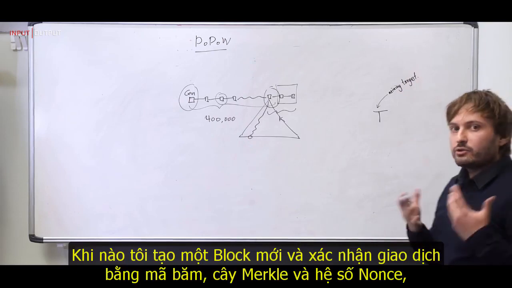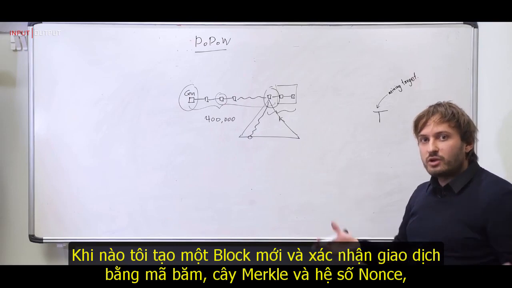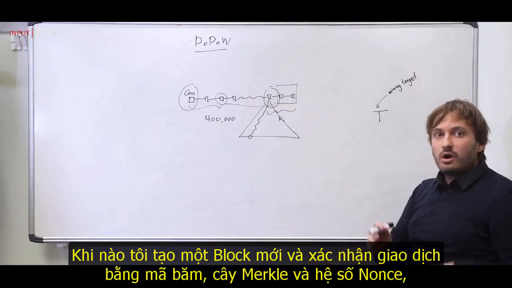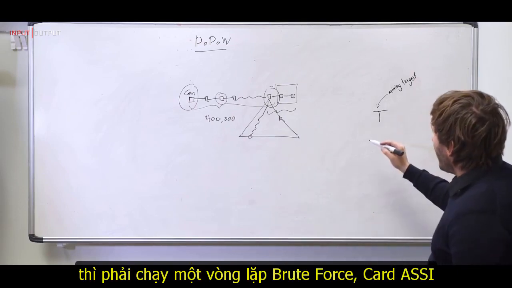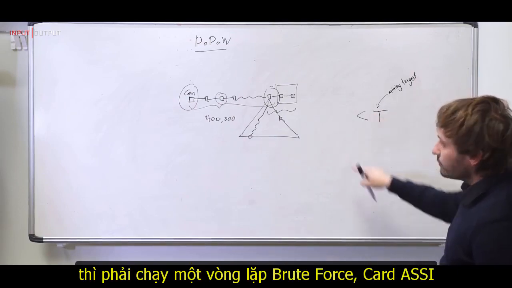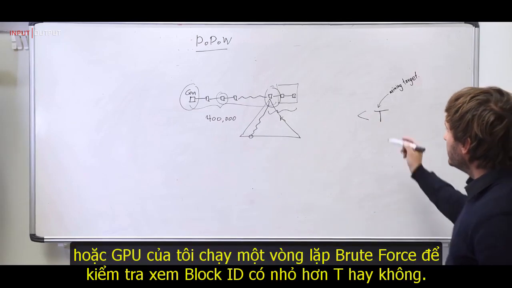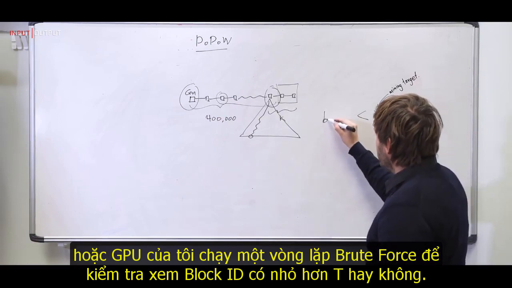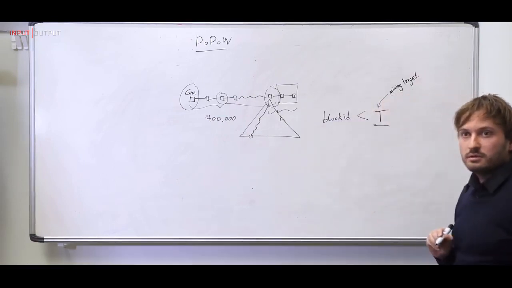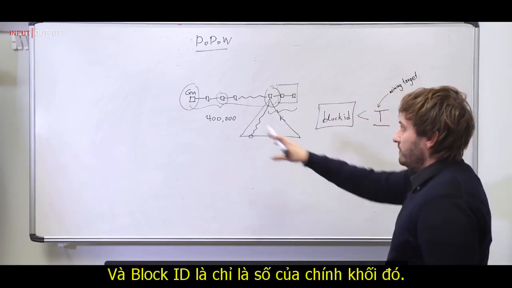Whenever I create a block and try to confirm some transactions by hashing the Merkle tree root along with some nonce, I do a brute force loop. My ASIC or my GPU does a brute force loop that checks if the block ID is below a certain threshold T. And the block ID is just the hash of the block itself.